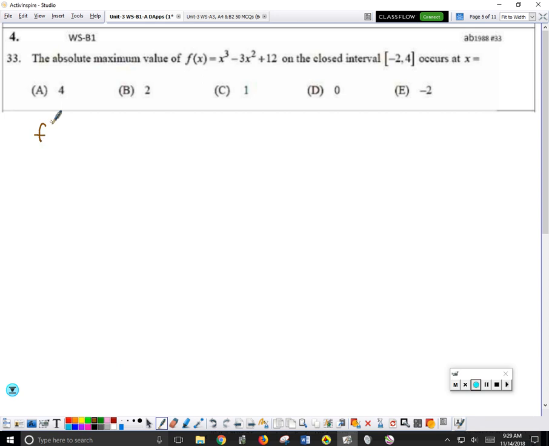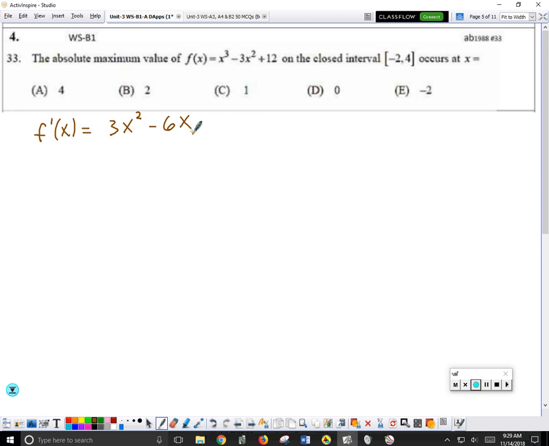So f prime equals 3x squared minus 6x. That you need to memorize. We are graphing f itself using f prime. Next thing you must memorize. You must have f prime in factored form. This method I'm going to teach you will not work if f prime is not factored.